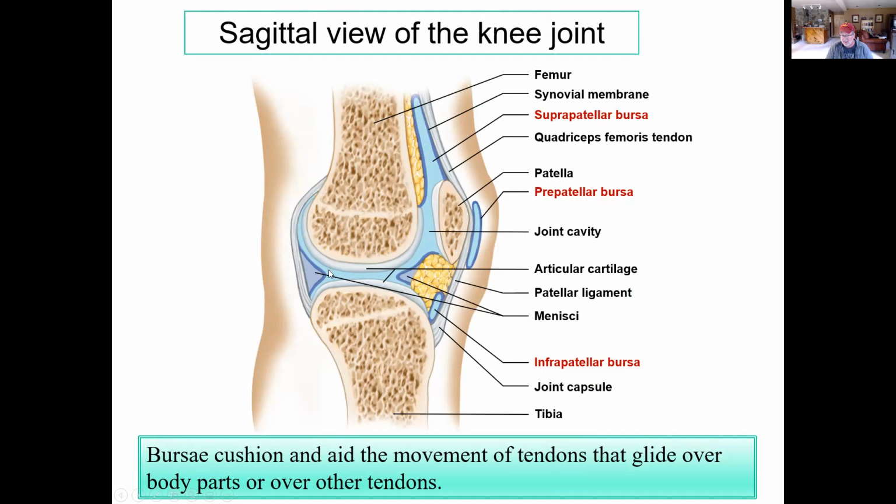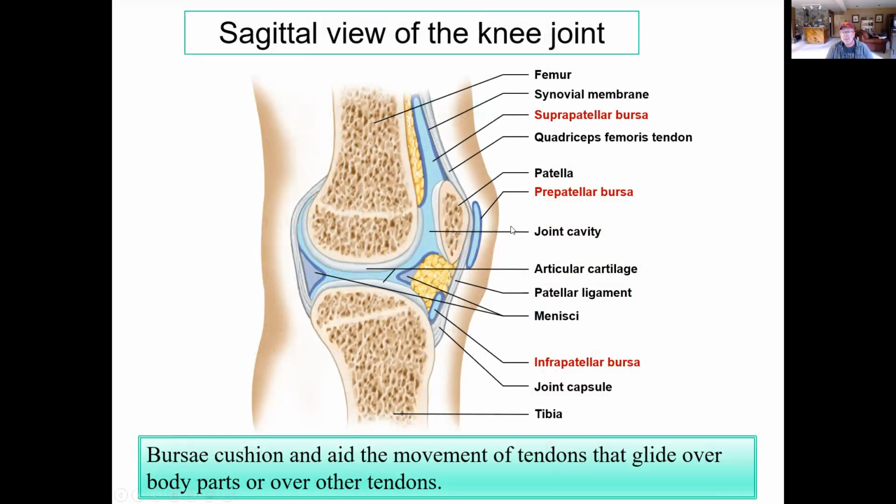So I think they should have brought these in a little bit further to indicate that when there's movement of the knee, those condyles are actually contacting the fibrocartilaginous menisci and not the articular cartilage of the ends of the bones. I think they could do a better job of diagramming that.